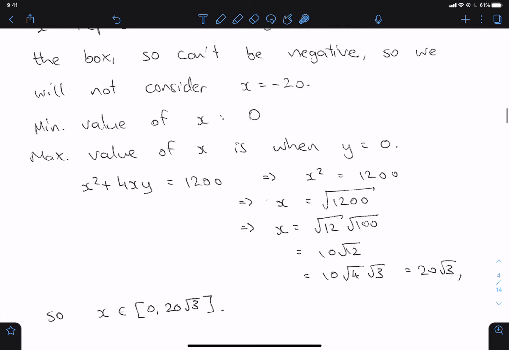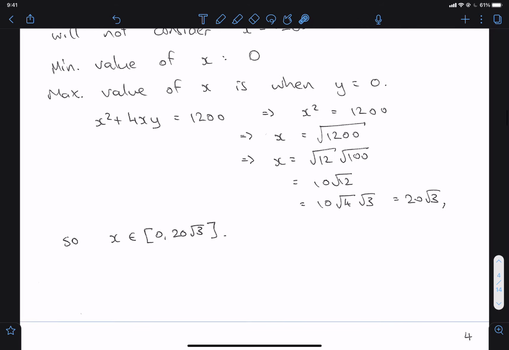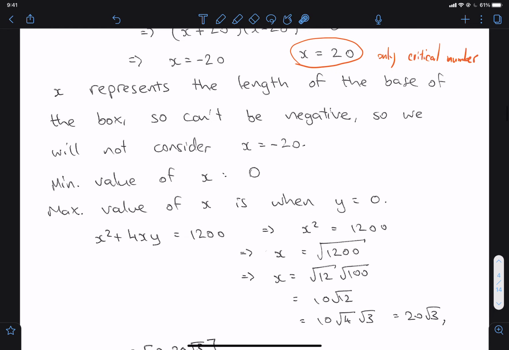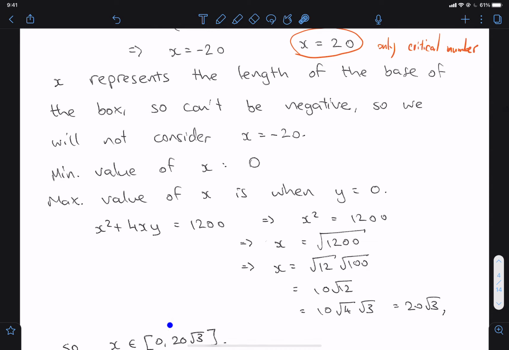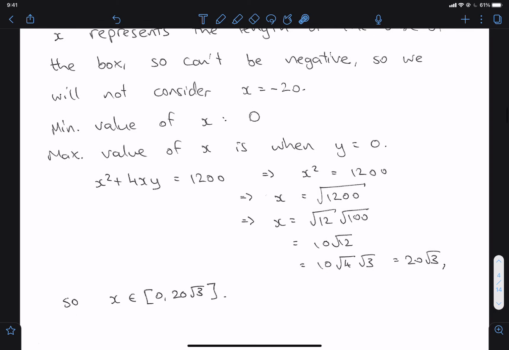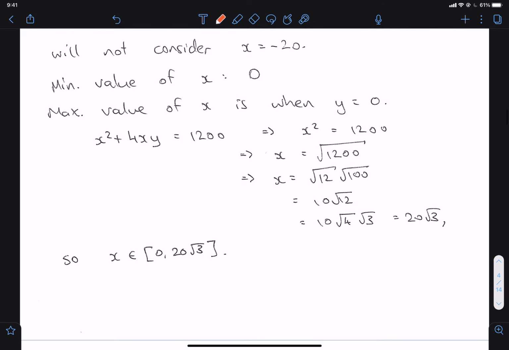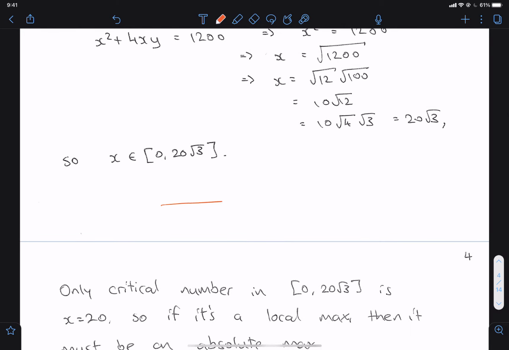After we have this, we look at our critical number, which sits inside this interval. 20 is inside this interval. On a number line, it can be presented like that: 0 to 20 square root of 3, and 20 sits between them.